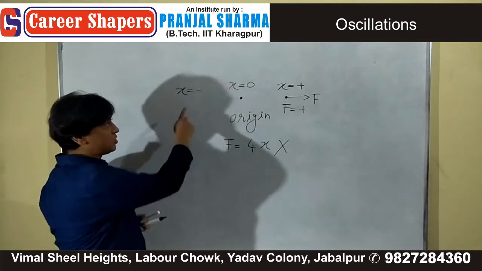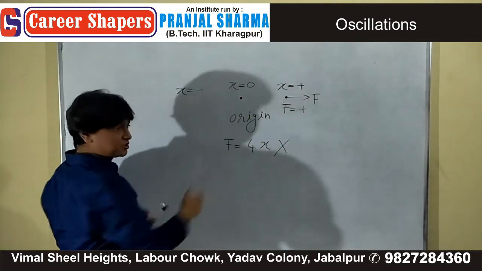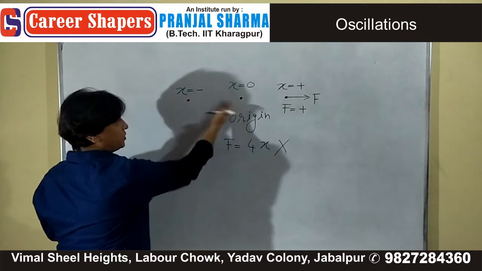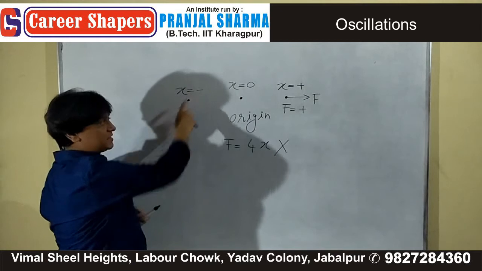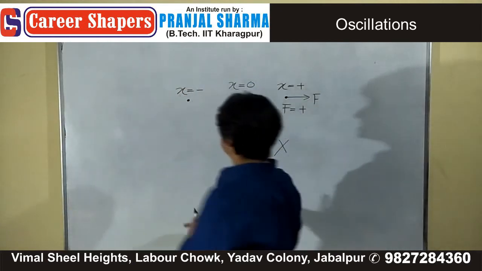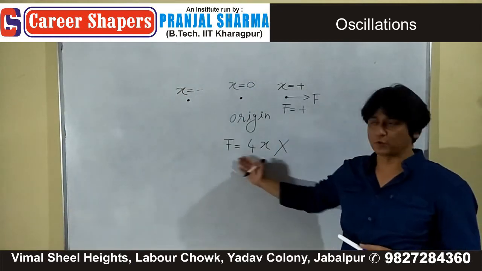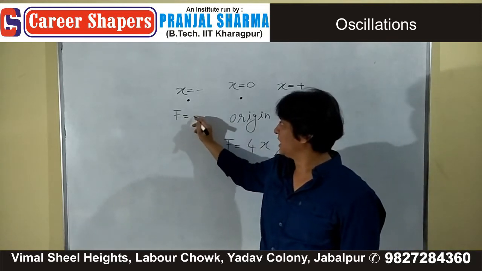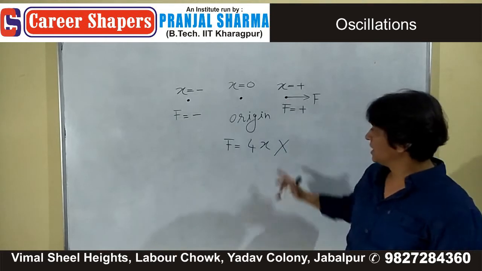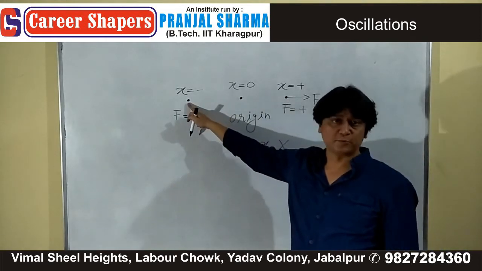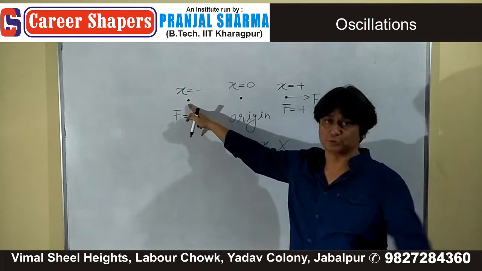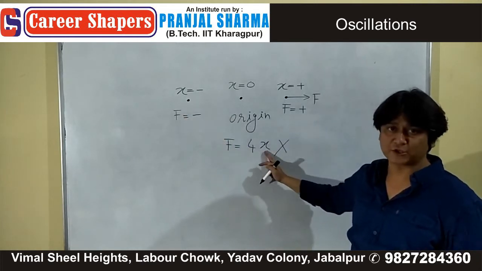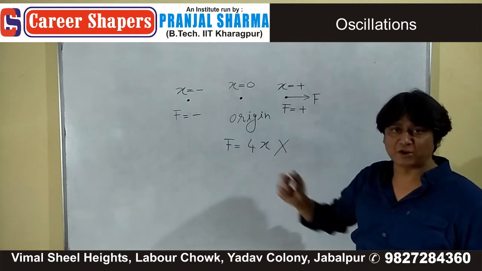Suppose this object is on the left side. Let's again see this part. If object is to the left of origin, x is negative. If x is negative and you use this force, then force will be negative. Let's say at this position x is -2. Then this says force is 4 into -2, which is -8. What is the meaning of negative sign?